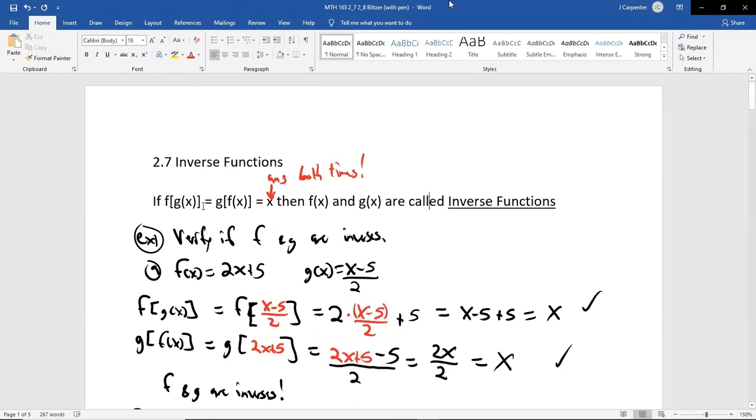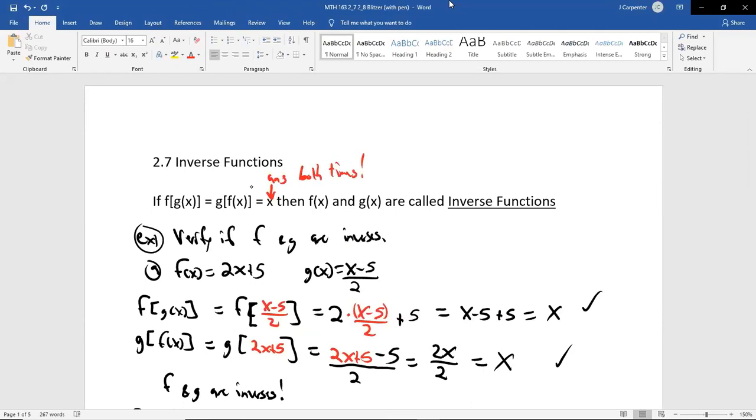So if you compose a function in a function one way, it'll cancel each other out and you just get x. Or if you compose the functions the opposite order way, they cancel each other out. This f of g is basically like, let me just give regular numbers, doing 3 plus 3 and then minus 3.